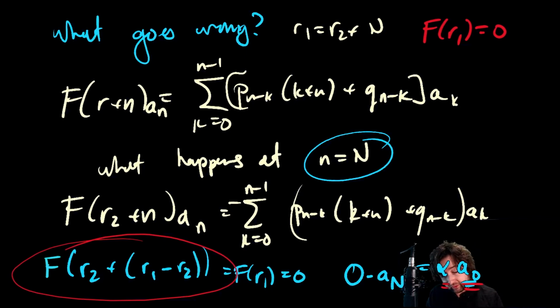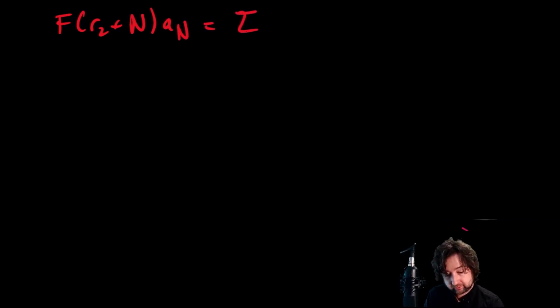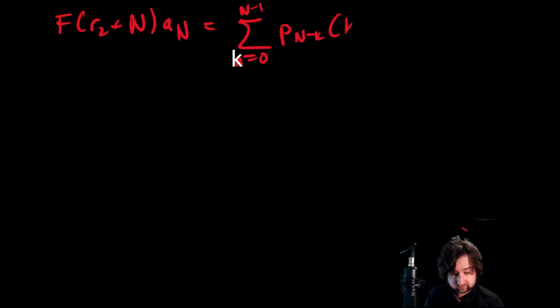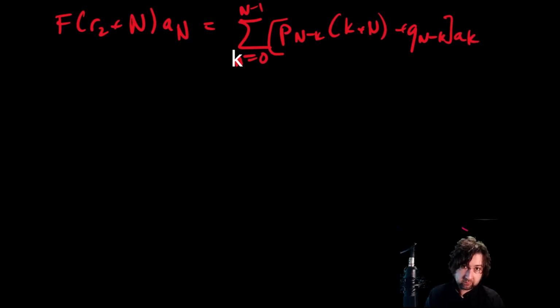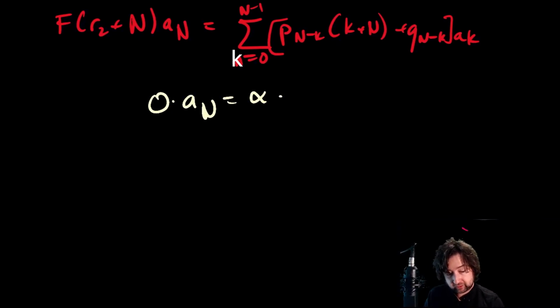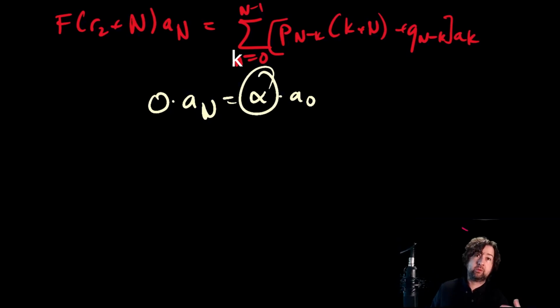So the two possible cases here are, you look at f of r2 plus capital N, times aN, is equal to the sum from k equals 0 to capital N minus 1 of p capital N minus k, k plus capital N plus q capital N minus k, ak. And you compute that, and what you're going to end up with is 0 times aN is equal to alpha times a0. So the number alpha is going to determine what happens.